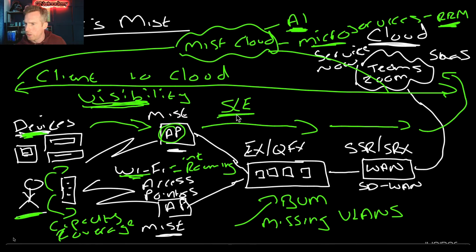And through the RRM, it's able to periodically adjust its power in terms of the Mist access points, as well as the channel. So if using radio resource management and AI, the AI determines that if I increase or decrease my power or if I change channel, that will improve the experience of the users connecting to my wireless network, then it will actually do so.